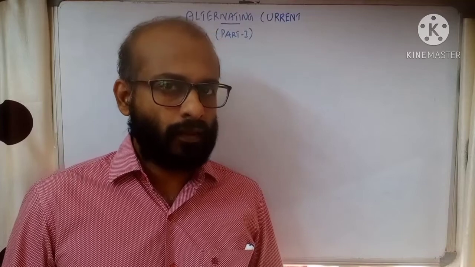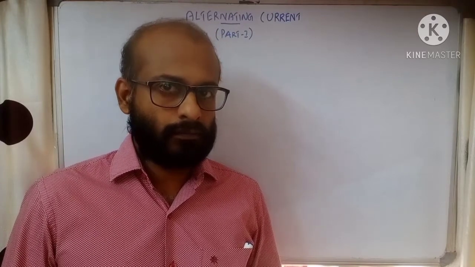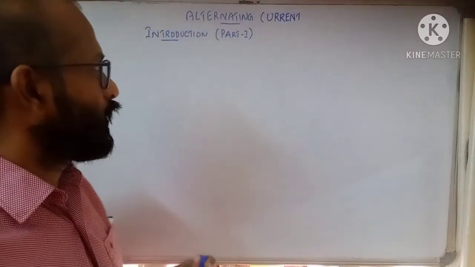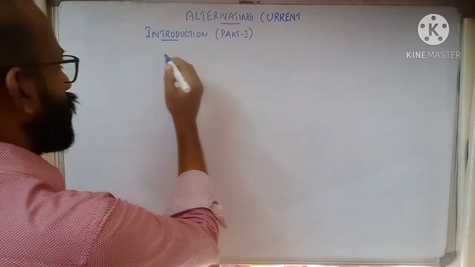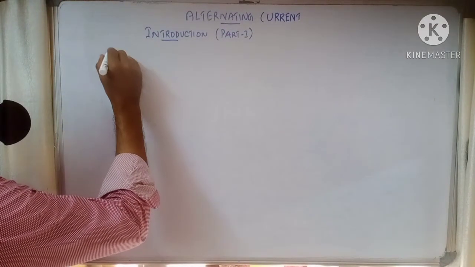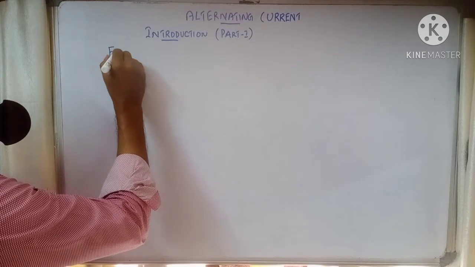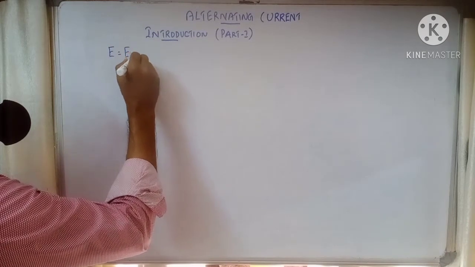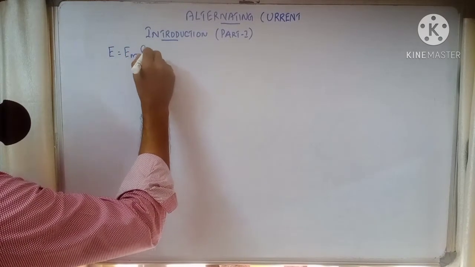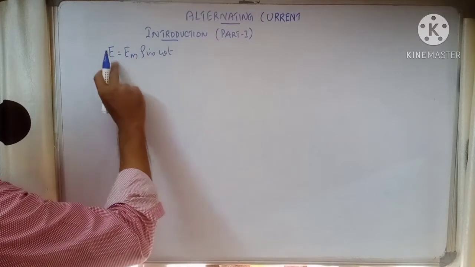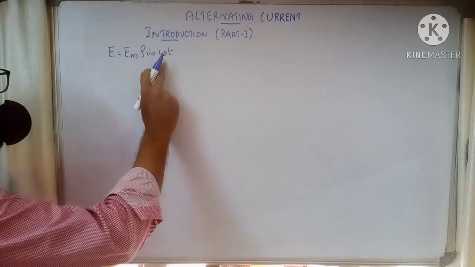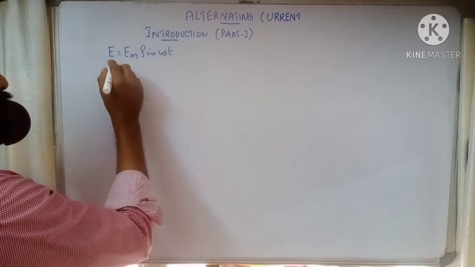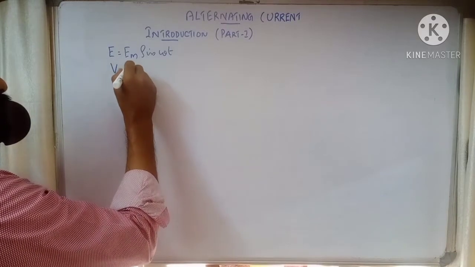This current is having alternating nature, and we can represent the EMF developed by the equation E is equal to EM sin omega t. Okay, EMF induced is equal to EM sin omega t, or as voltage we can represent V is equal to VM sin omega t.